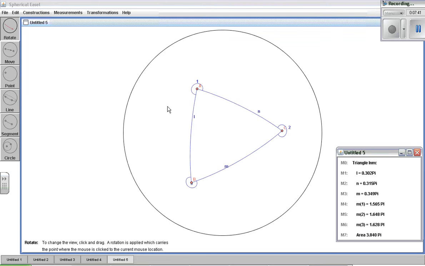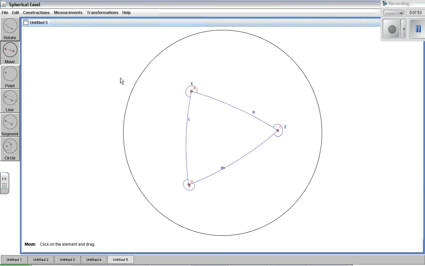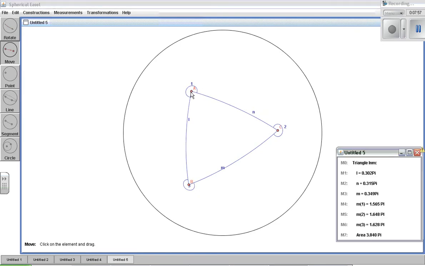And the last property of elliptic geometry I want to talk about is with triangles again. There's basically just no such thing as similar triangles. If 2 triangles are similar, then they are congruent.